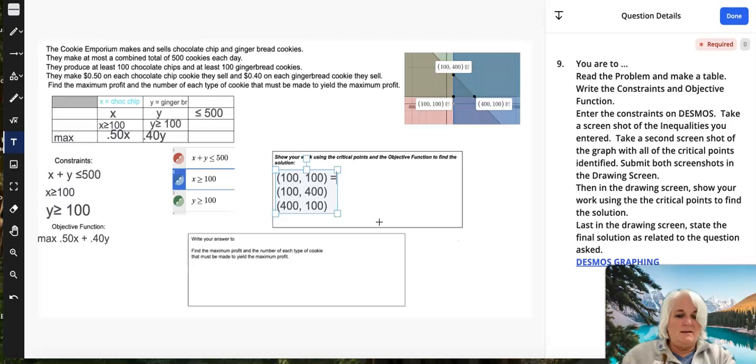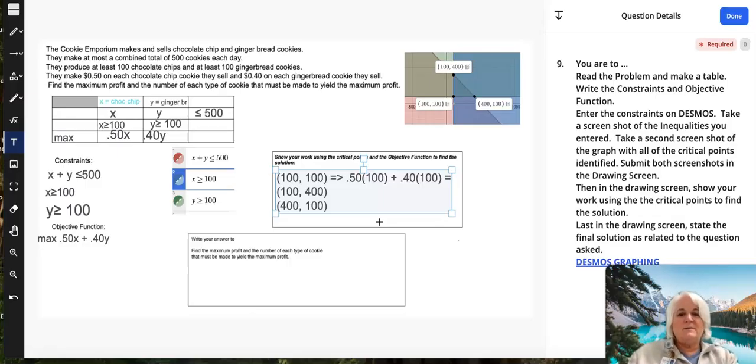I'm going to say this implies, and I'm going to plug it in. So 0.50 times 100 plus 0.40 times 100, and that is going to equal 0.50 times 100.